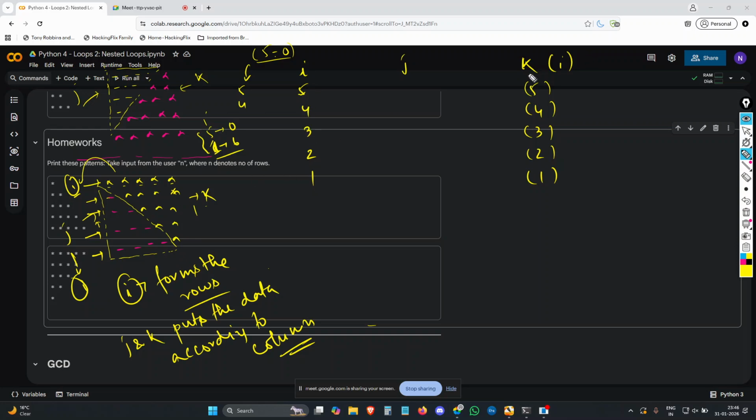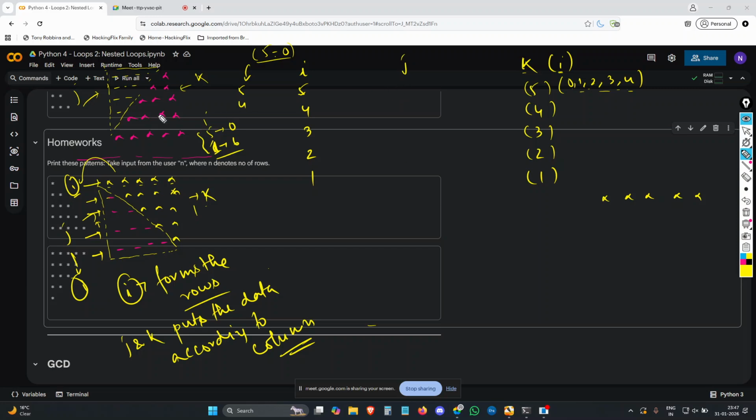Then I make my K directly dependent on I. Whatever I value is there, K will also take that value. If my range is 5, K will take 0, 1, 2, 3 and 4. That means 5 stars I get here.